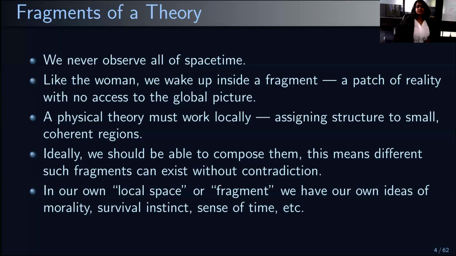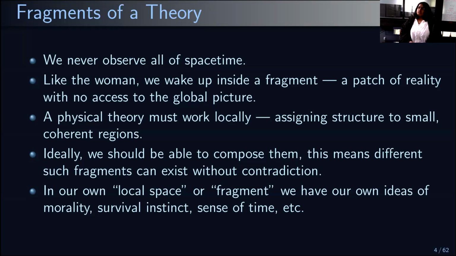So I'm going to be throwing around the word fragments a lot in this talk, so I thought it would be nice to define exactly what I mean by that. We as human beings never really observe all of space-time. For example, I would be able to perceive whatever experiences happen to me, and I would be able to tell what is happening with respect to me.